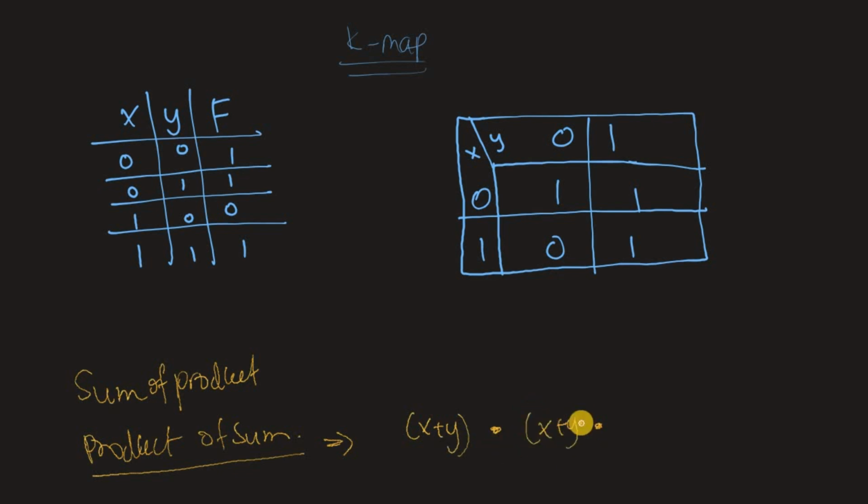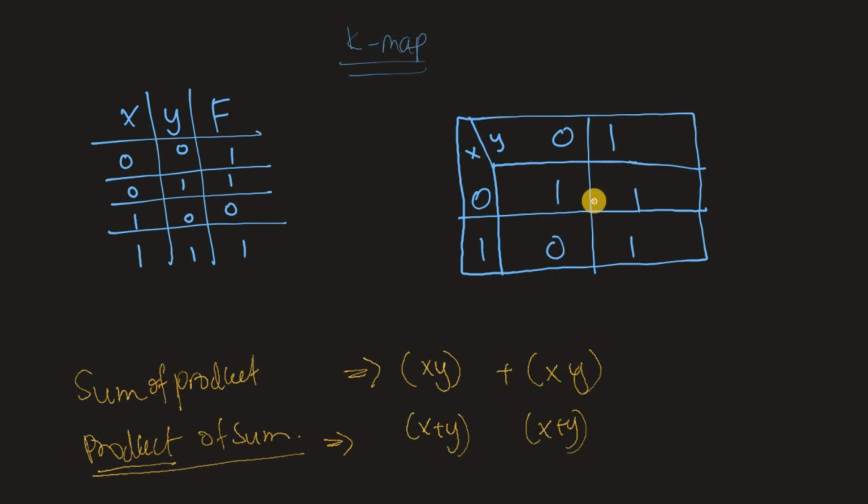Okay, so you're summing and then the product. So if it's product of sum, then the product has to be in the middle. But if it's sum of product, then the sum has to be in the middle, and you are adding the variables. Okay, so this is how it's going to look.